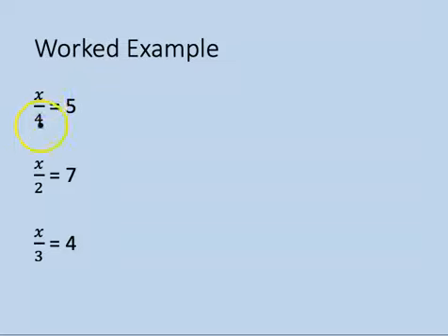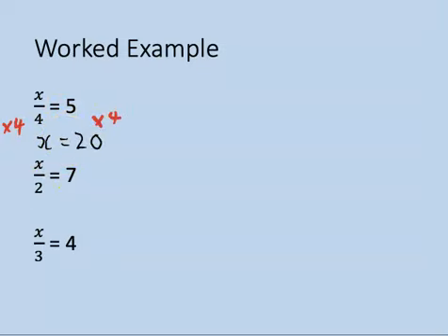So x divided by 4 gives me 5. Instead of dividing by 4, we're going to times by 4. And when I times by 4, this 4 on the bottom disappears. We therefore get x. 5 times 4 gives me 20.